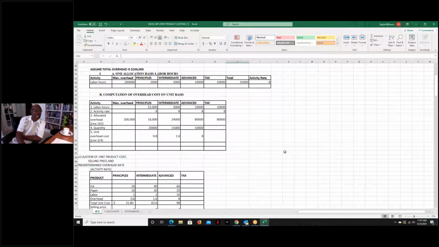So I was looking at the wrong one. Wait a minute. Yeah, team 2 had advance. And team 3 had intermediate. And then for the tax book, that's team 7.